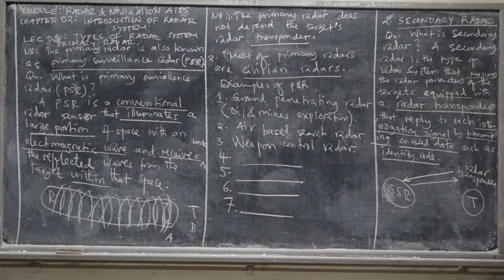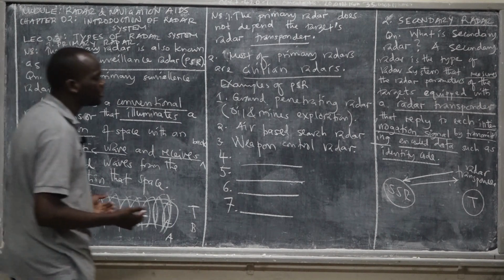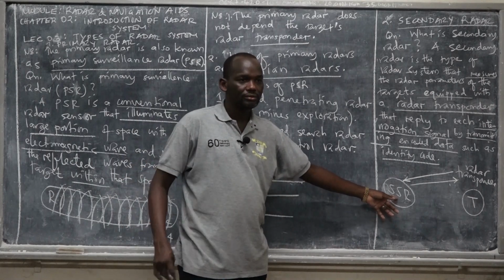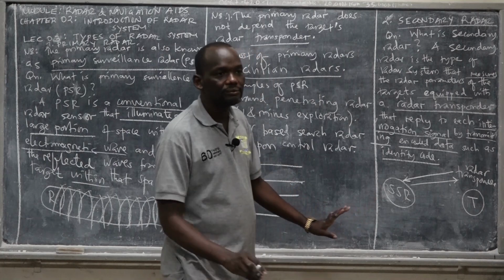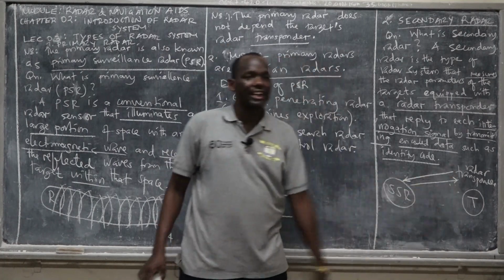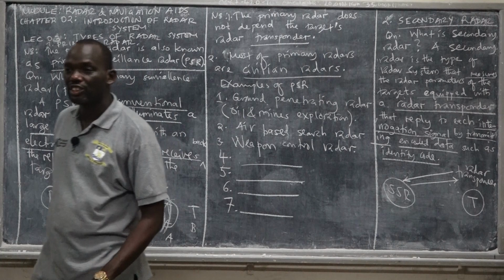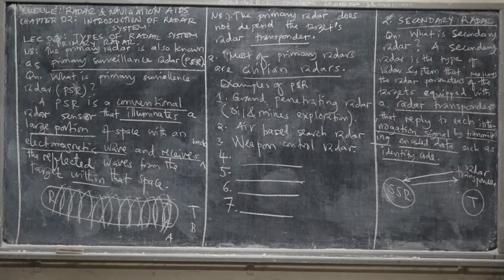If the interrogation has been established, then determination of the radar parameters will be done. So the target should be equipped with a radar transponder. If the target is not equipped with a radar transponder, then you cannot use the secondary radar to identify or to measure those different parameters.